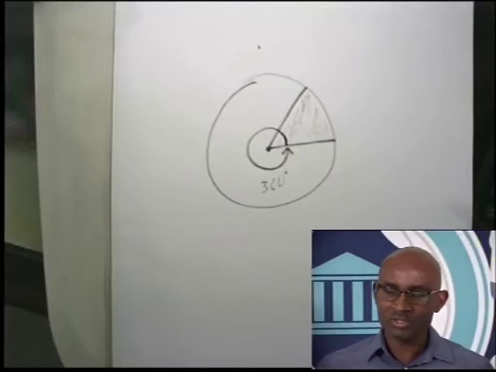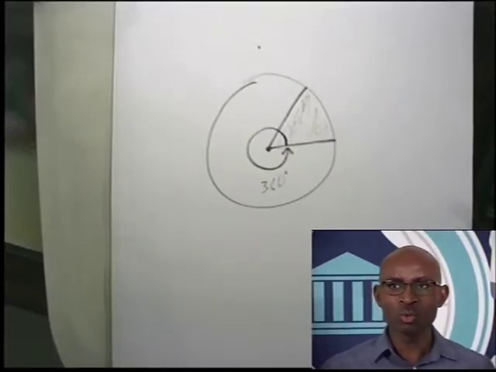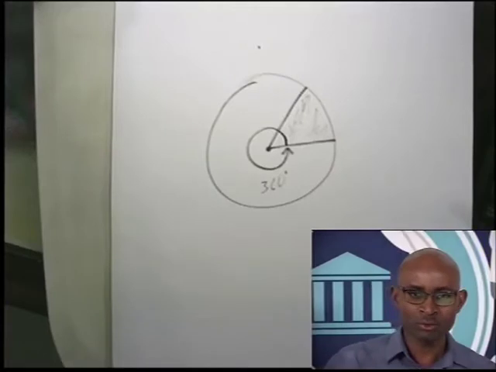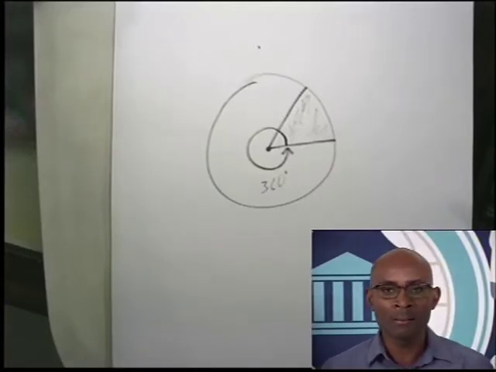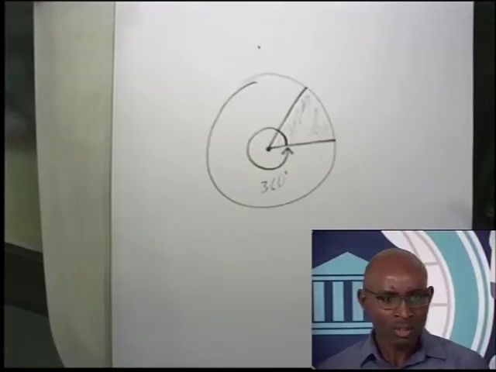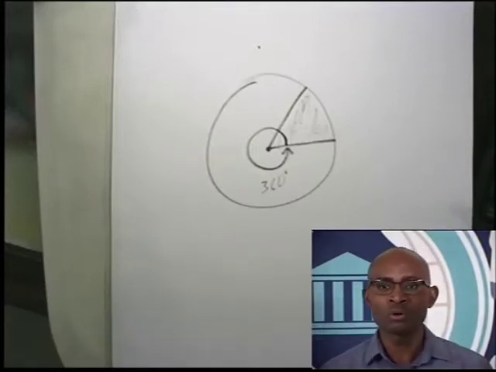So if you now cut a circle into a number of sectors, like in this case we will restrict ourselves to 4 sectors, then the sum of the angles of all these 4 sectors must sum up to 360. The same way, if you consider percentages, percentages must sum up to 100.